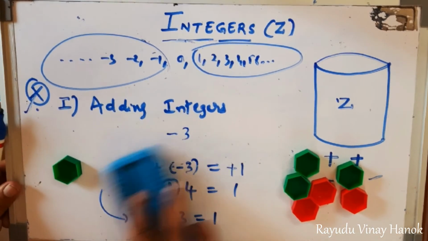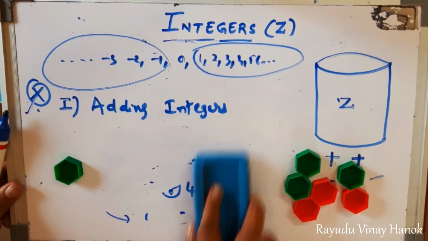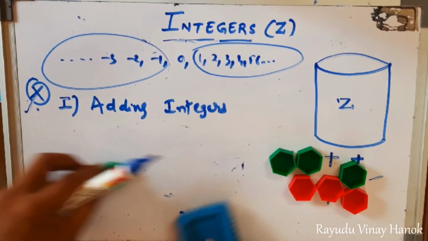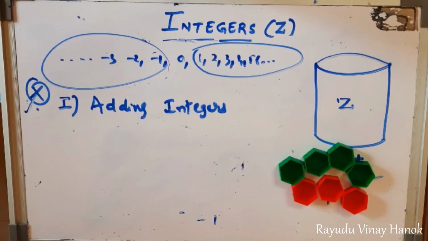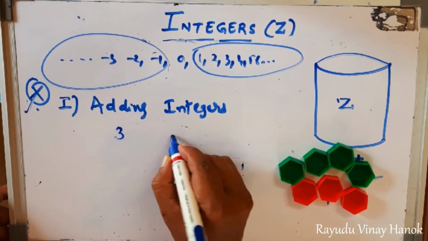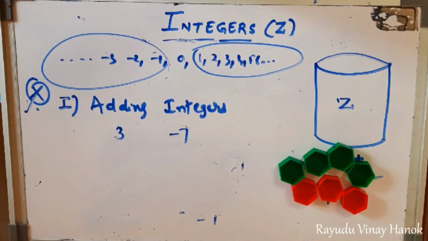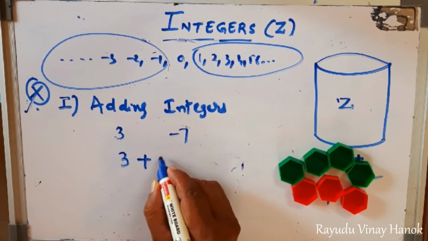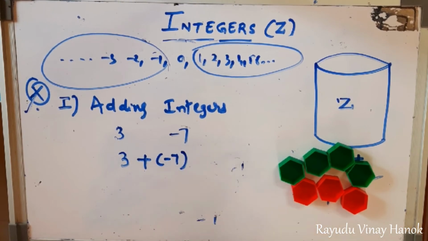Suppose we have positive number 3 and a negative number, somewhere like minus 7. How to add them? It is simple. 3 plus minus 7 we have to do.